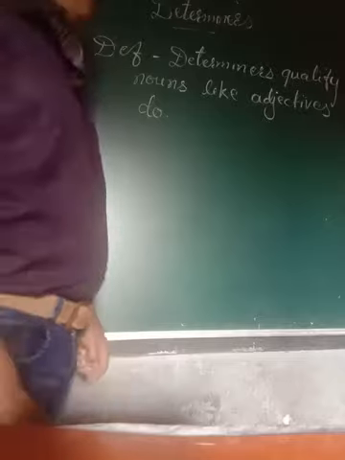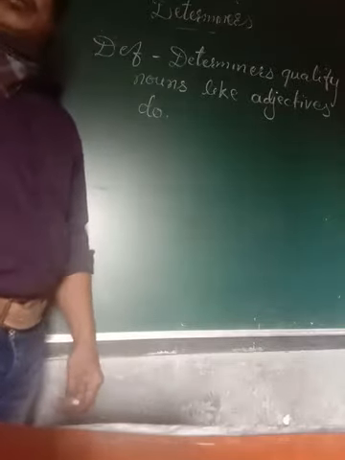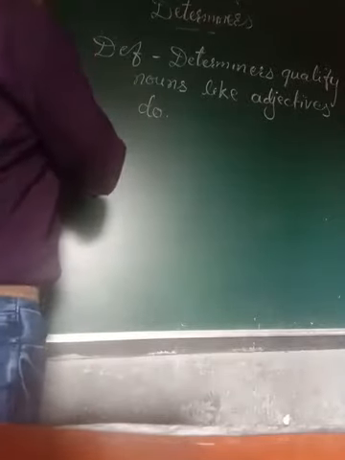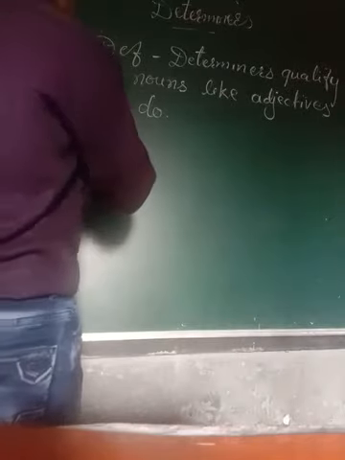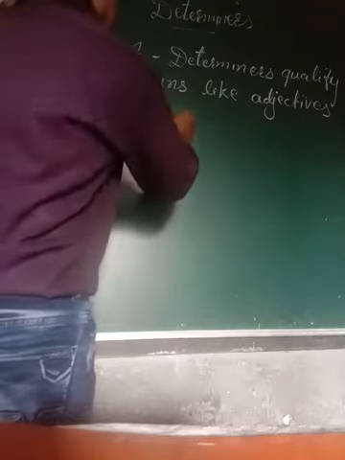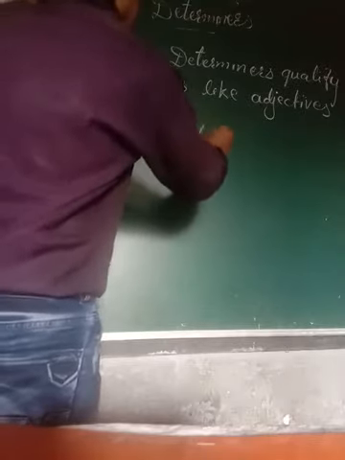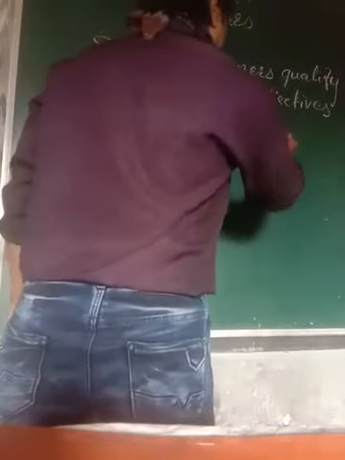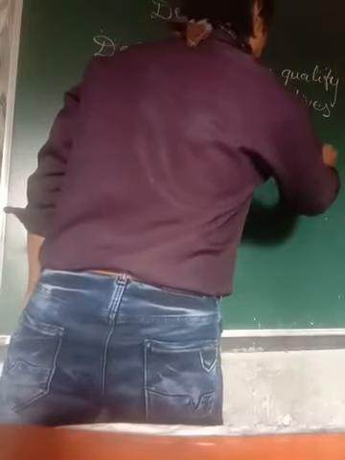First of all, we are going to write the types of determiners. Number one, demonstrative determiners. In these determiners we are going to see which are those.